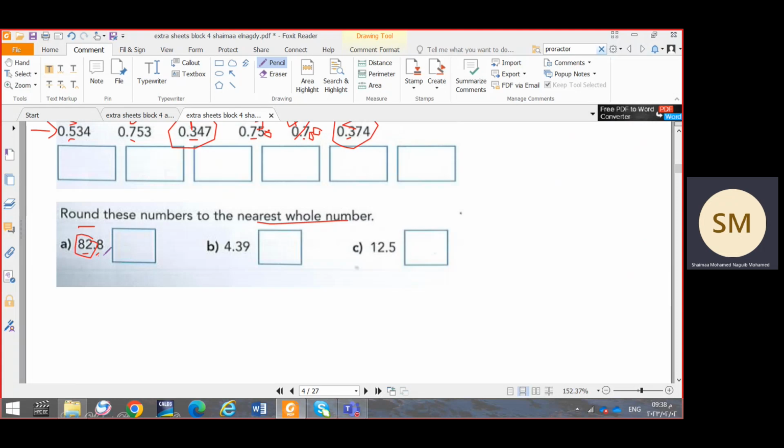The tenths place here is 8, so it's more than 5. If it's 5 or more, add one more. So you will add 1 to this one, so it becomes 83. طيب what about this one?